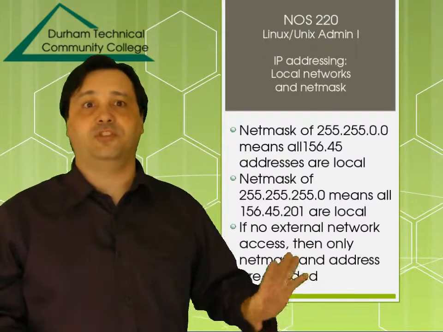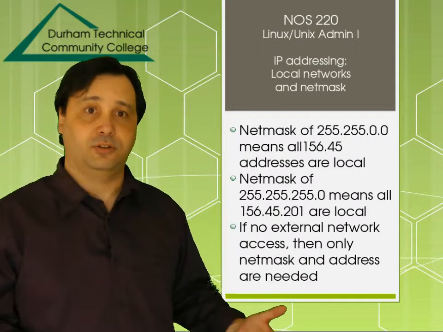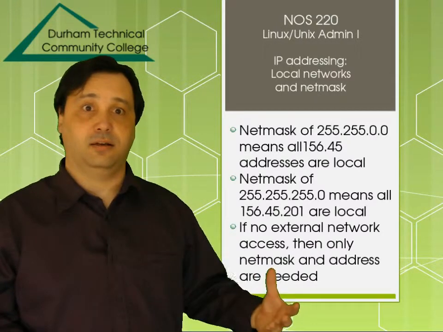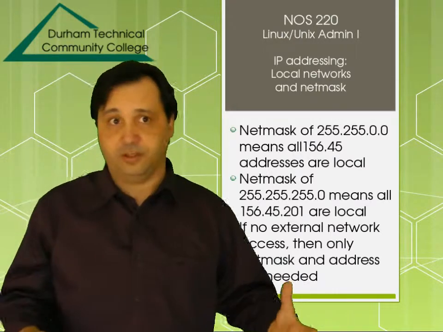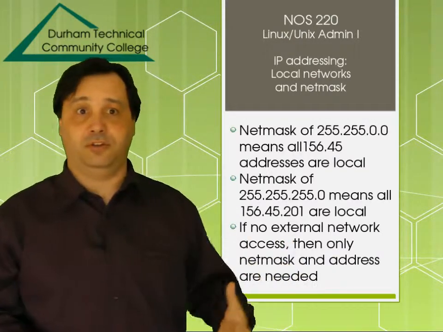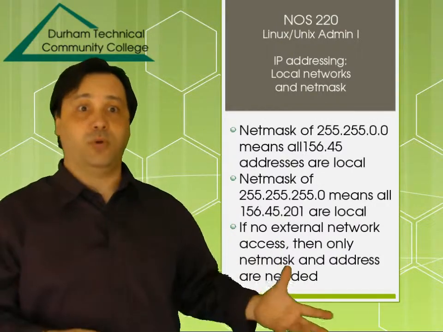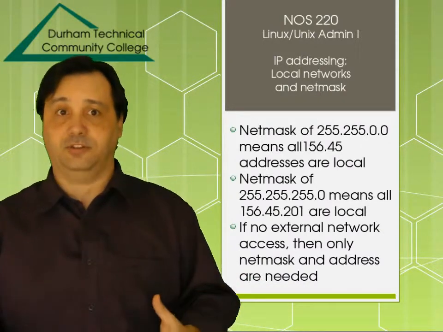The network address is therefore the IP address of the machine combined with the net mask, with the zeros in the net mask replacing part of the IP address. Thus, a net mask of 255.255.0.0 would produce a network address of 156.45.0.0.